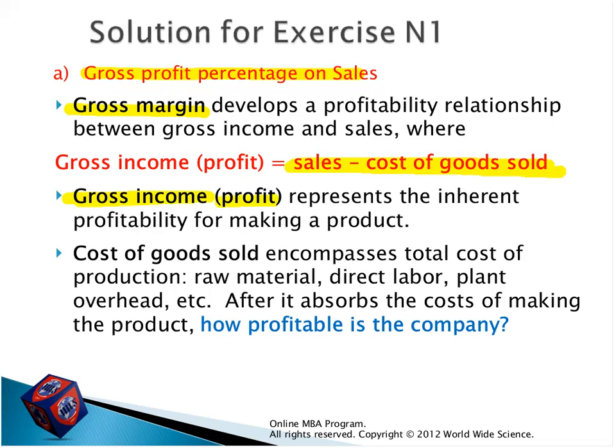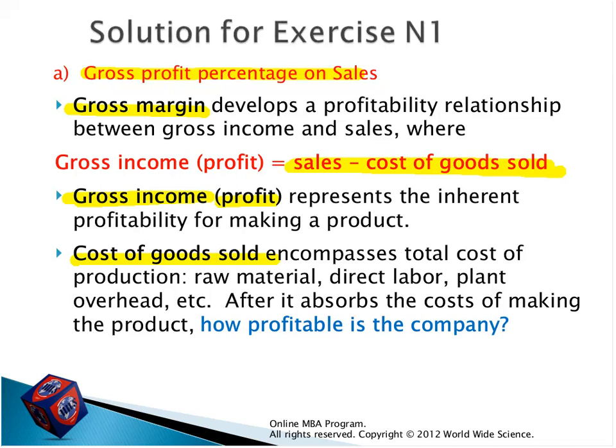So it represents the profitability of making a product. How actually profitable the company is at making a product, at doing business, like selling goods or providing services. And cost of goods sold encompasses the total cost of production. So you know what we include in the cost of goods sold.